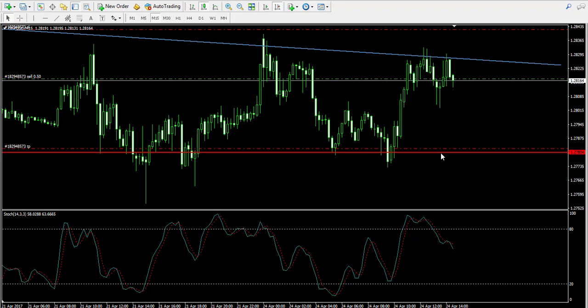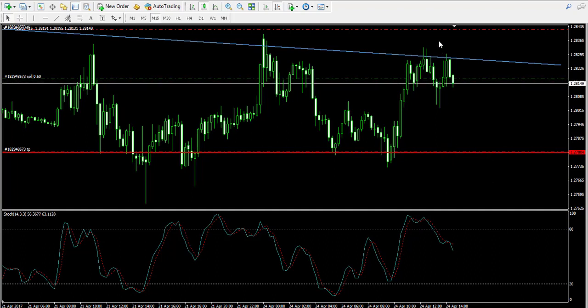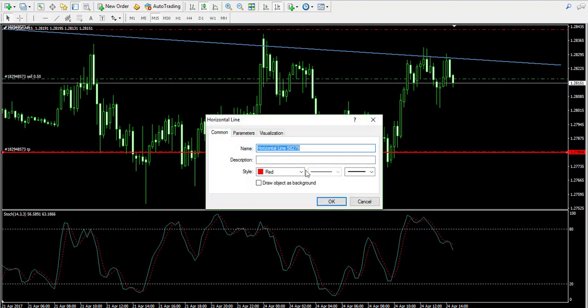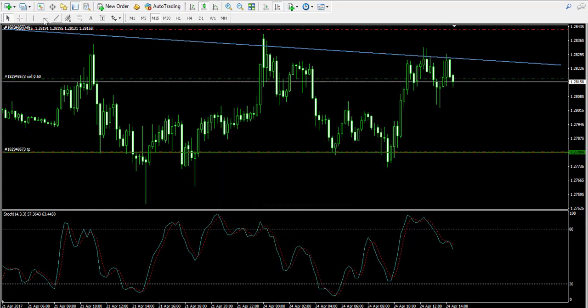Now let me mark these levels on the chart. Let's position the take profit order in a better way, somewhere at 1.2704. Here it is. Now let's change the color of my take profit order. I'm going to put it in green, because green symbolizes a good thing, profit.